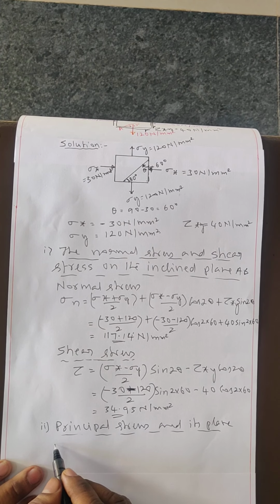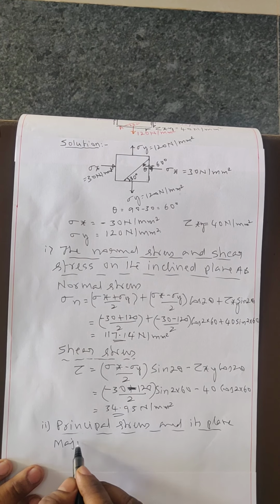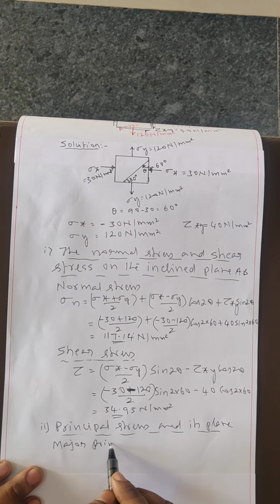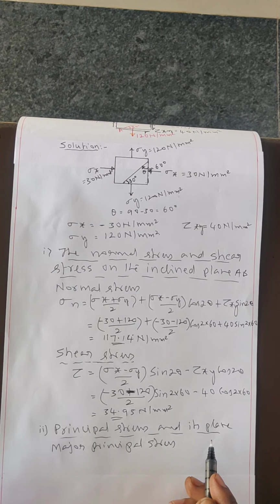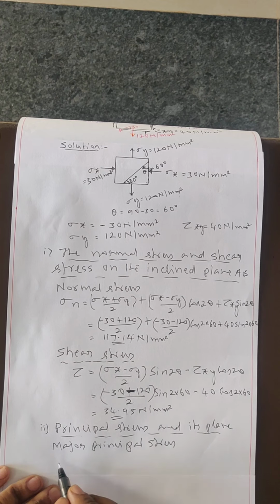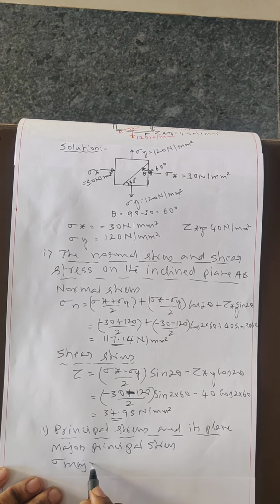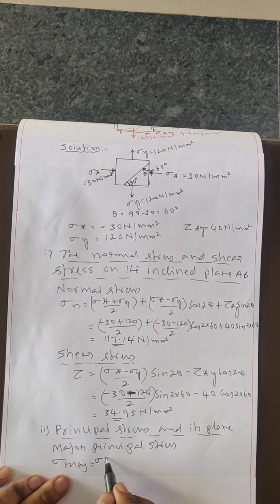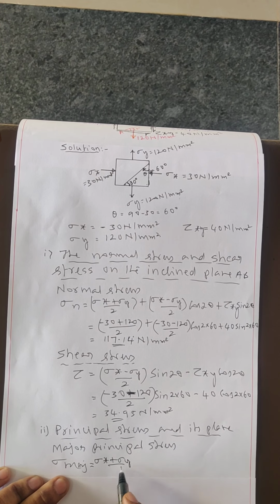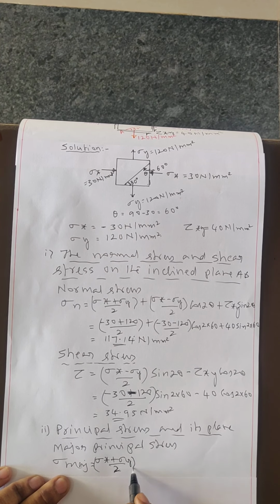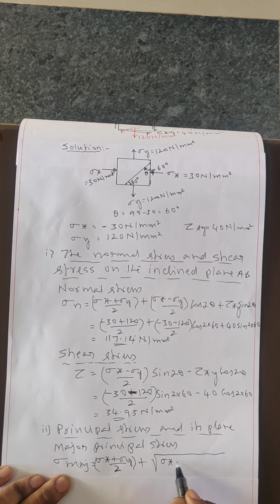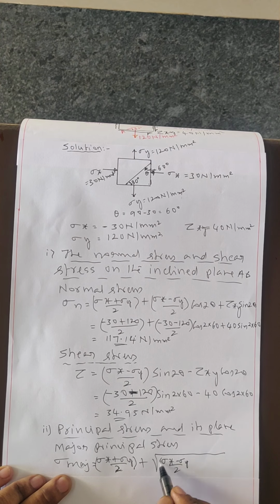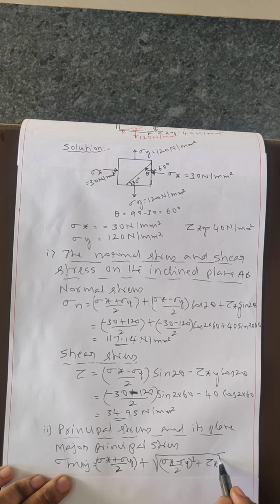See here, major principal stress, sigma major equals sigma x plus sigma y by 2 plus under root sigma x minus sigma y by 2 whole square plus tau xy square.